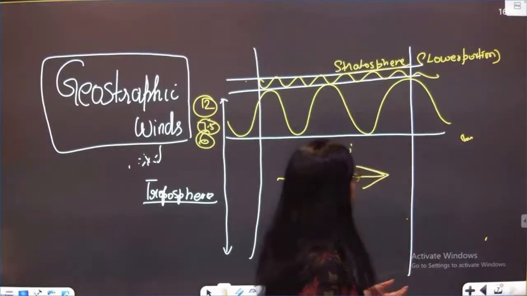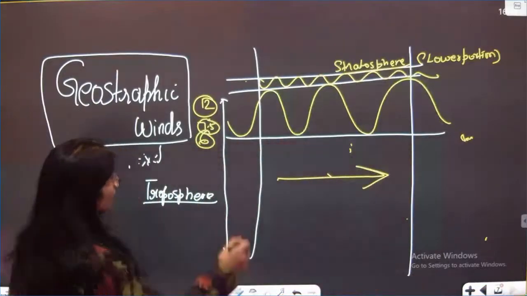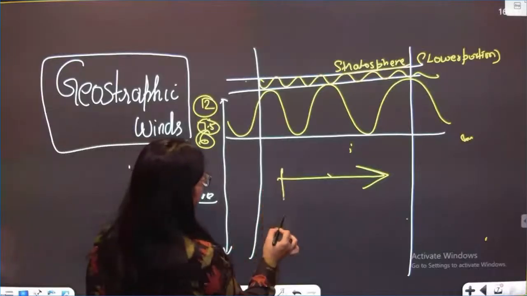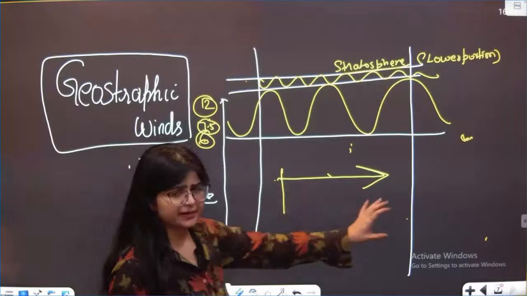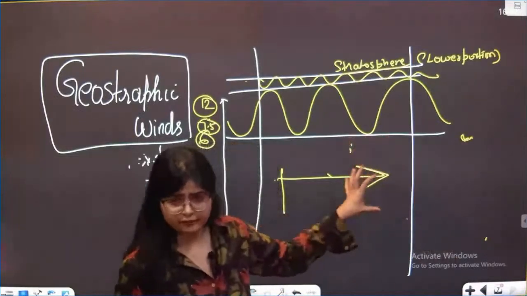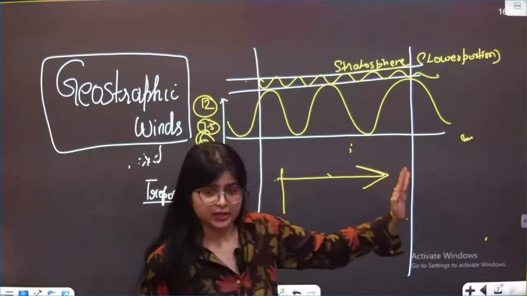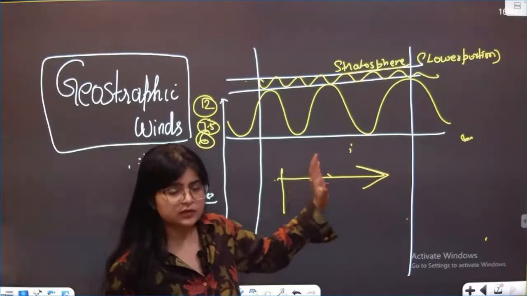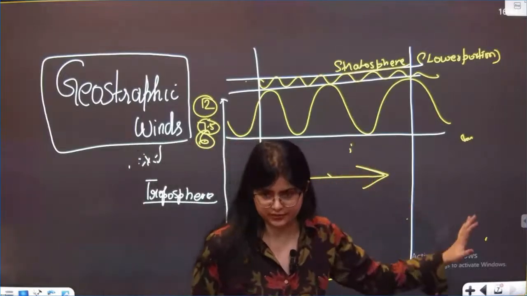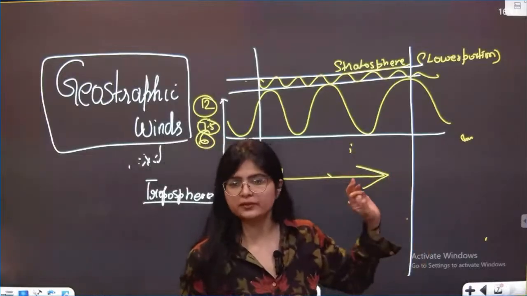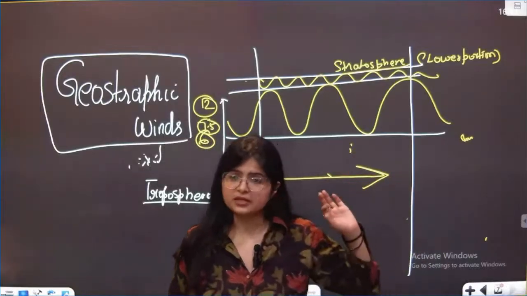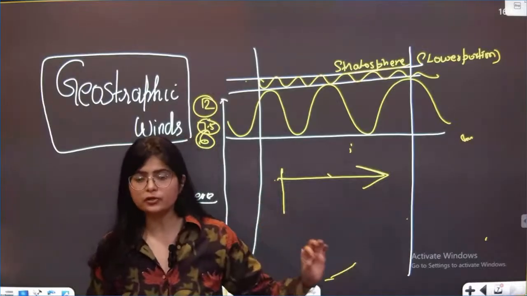ठीक है, so we have done the characteristics. Apart from that, I was telling you the direction. Now direction, most of the time it is going to be from west to east of jet streams, but in some of the cases it's also going to be east to west.